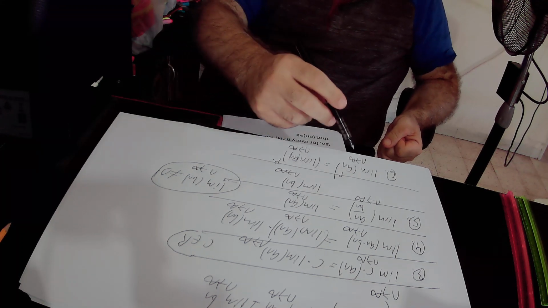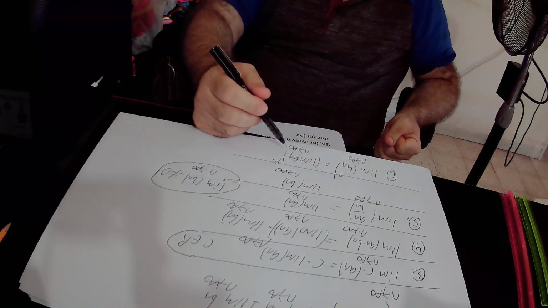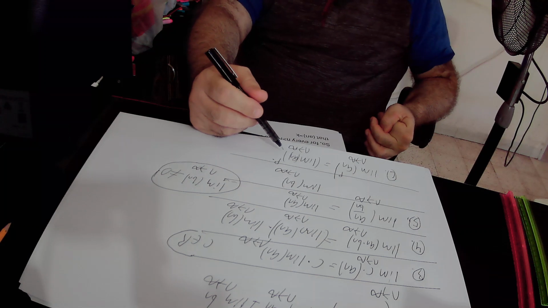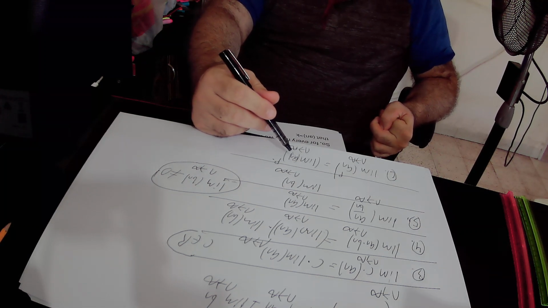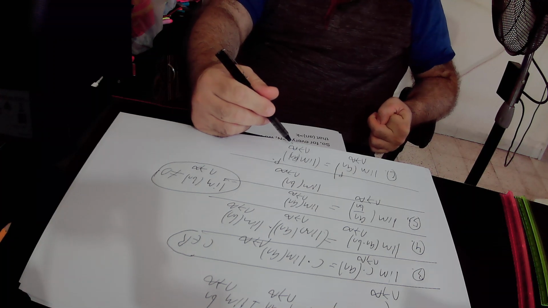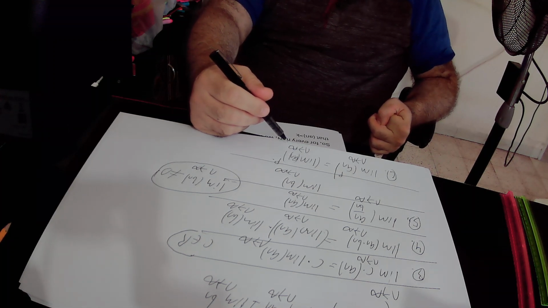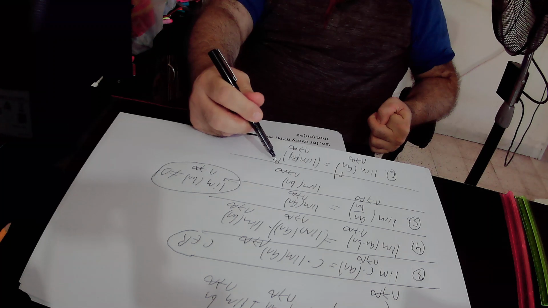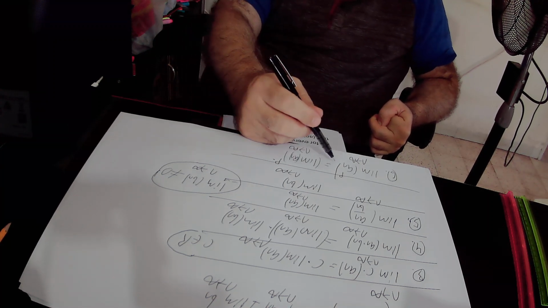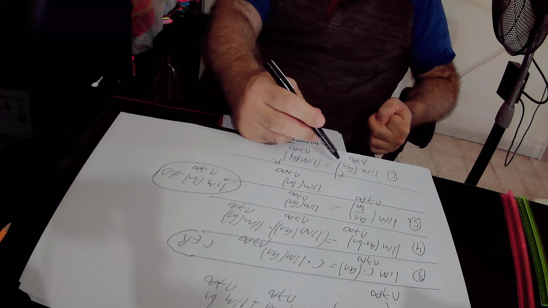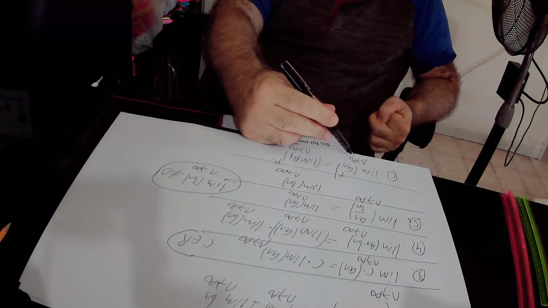So the meaning of this equation is that we first find the limit of an, and only then raise it to the power of p, and it will be equal exactly to the limit of an to the power of p when n tends to infinity.